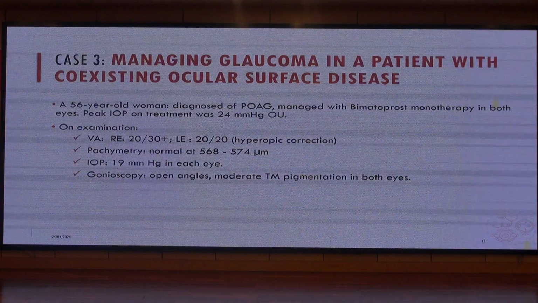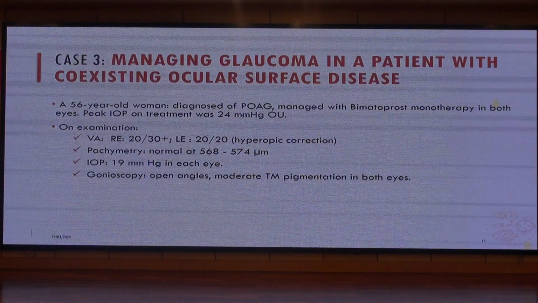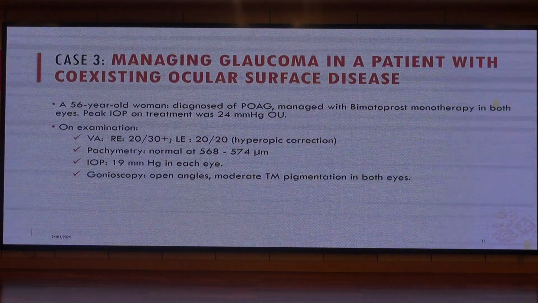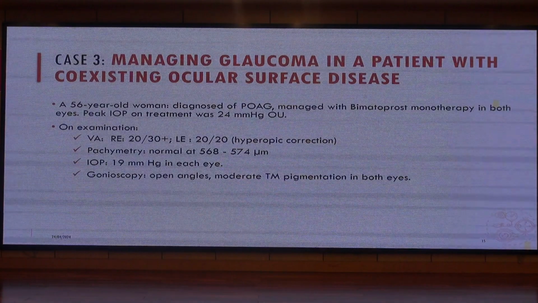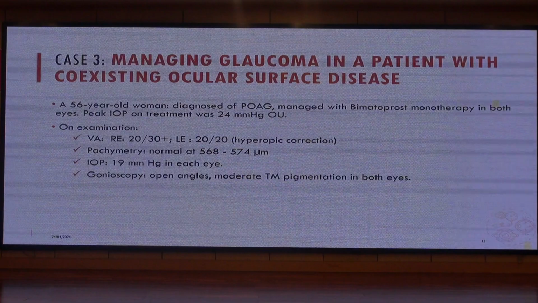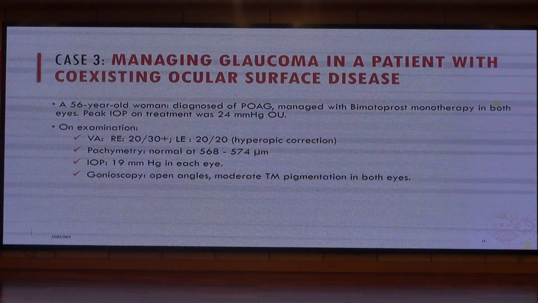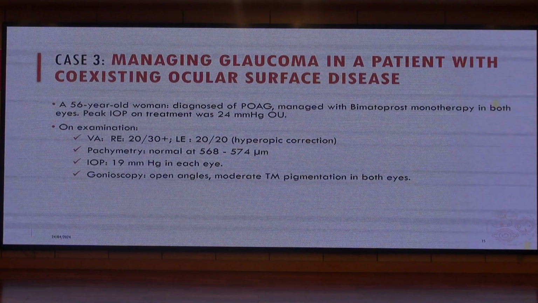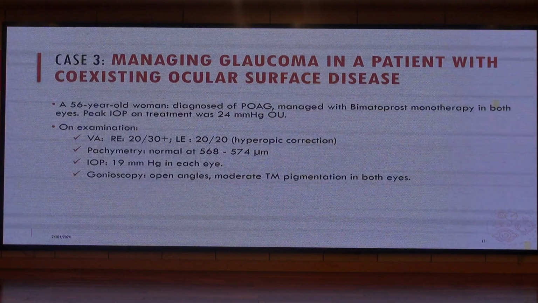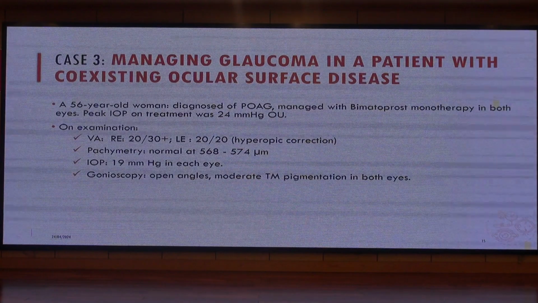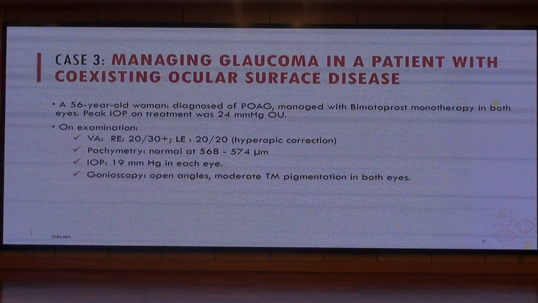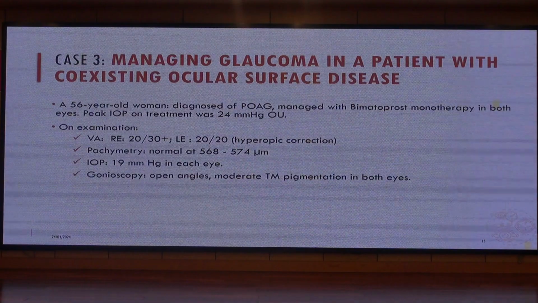Peak IOP on treatment was 24 mmHg in both eyes. It's not very good. On examination, the visual acuity is quite good with the hyperopic correction. Pachymetry is normal. On gonioscopy, there are open wide angles with moderate pigmentation in the trabecular meshwork.